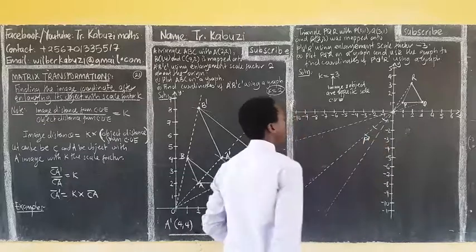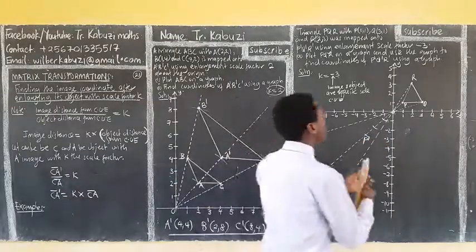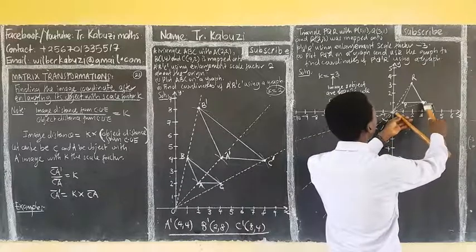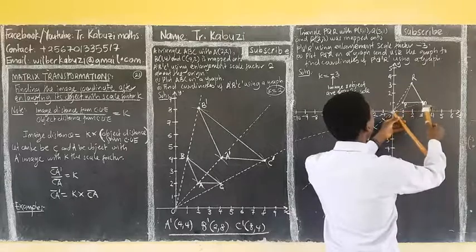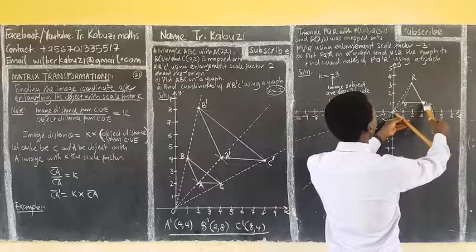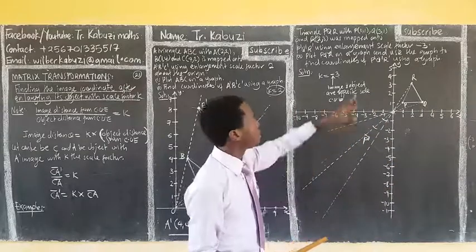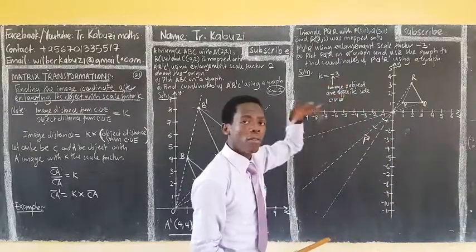P prime. Then I measure for Q. Its distance is here, and I have to move this distance 3 times. This is my OQ. Now I move this distance to the opposite side 3 times, because the scale factor is 3. If it was 4, you move 4 times.